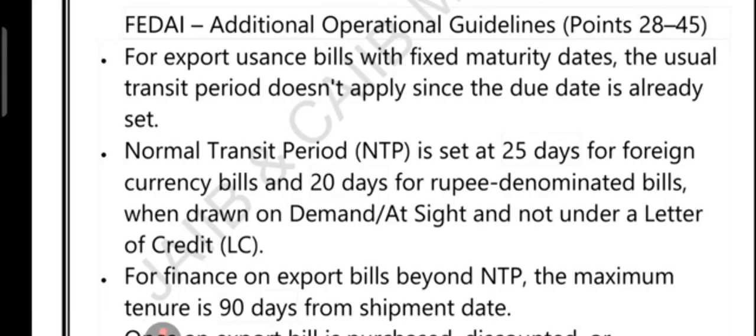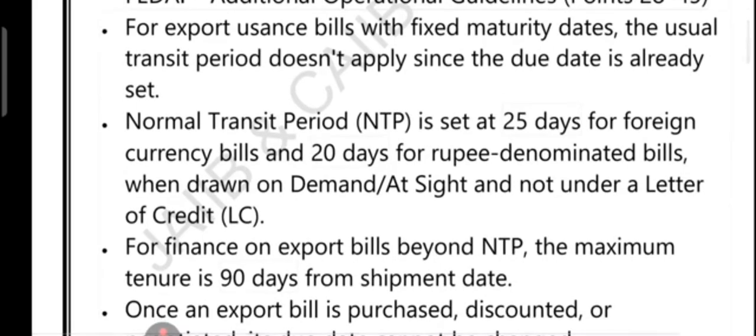But when the same bill is drawn on demand or on sight and not backed by a letter of credit, the normal transit period is 25 days for foreign currency bills and 20 days for rupee bills. So to see the difference: for a usance bill with a fixed maturity date, normal transit period will not apply.